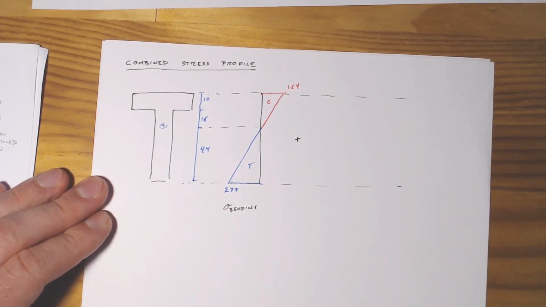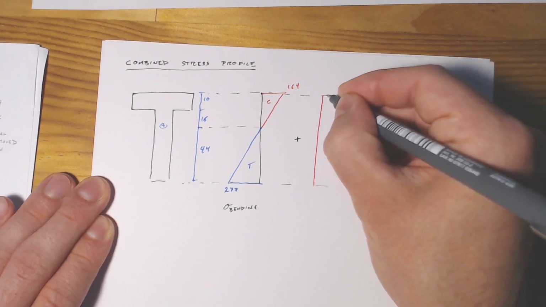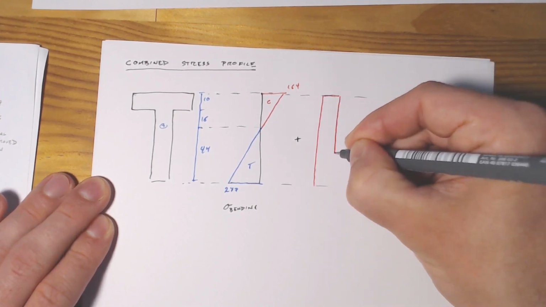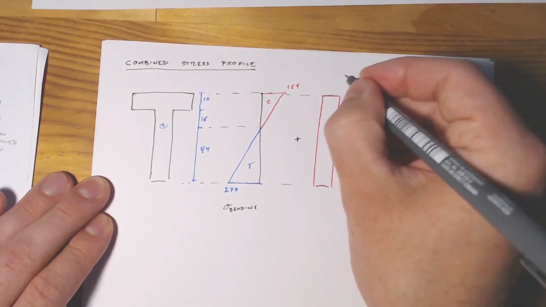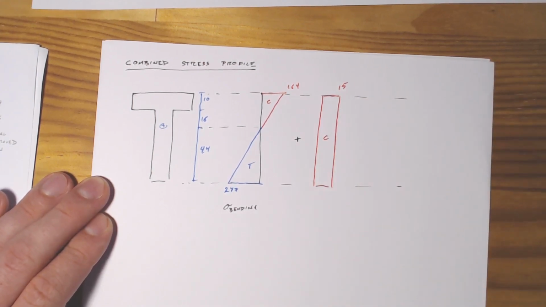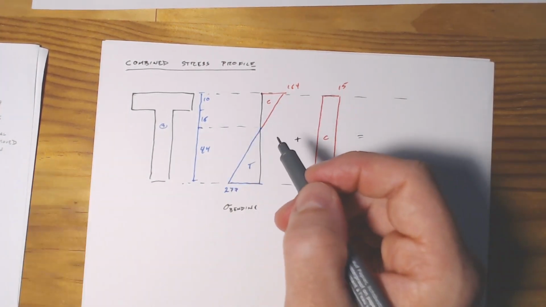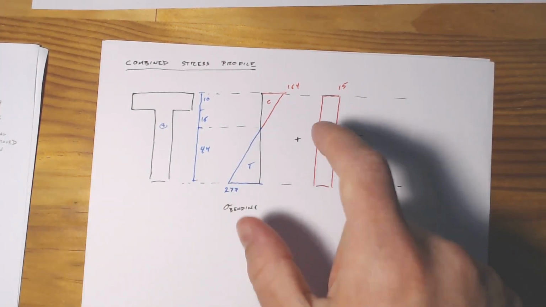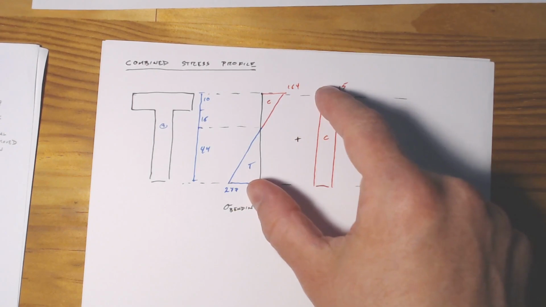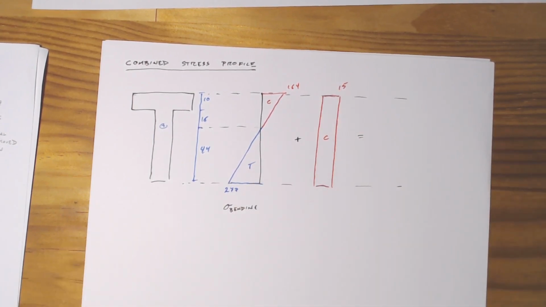Then we simply need to add in our compression stress of 15 MPa. And from linear superposition, we can just add these two together. So what that's effectively going to do is shift our whole bending stress over towards the compression side by 15 megapascals.